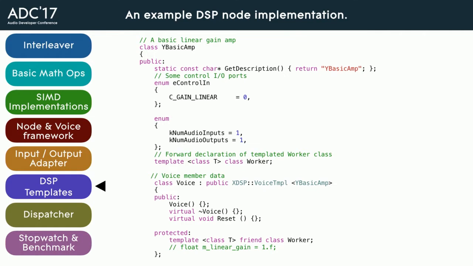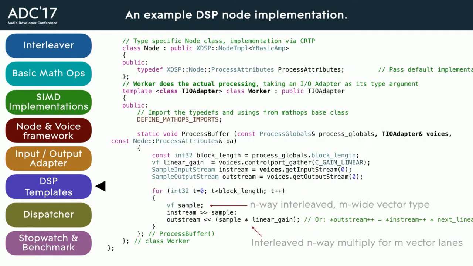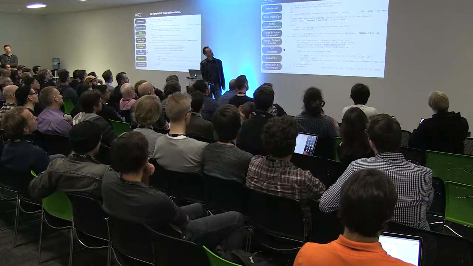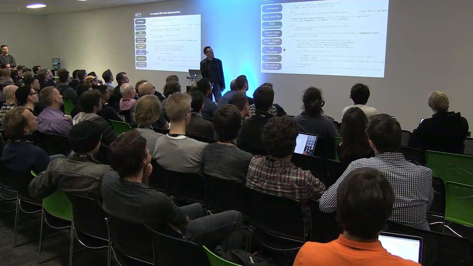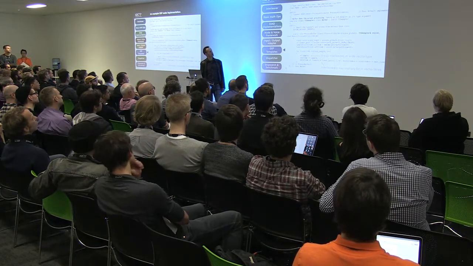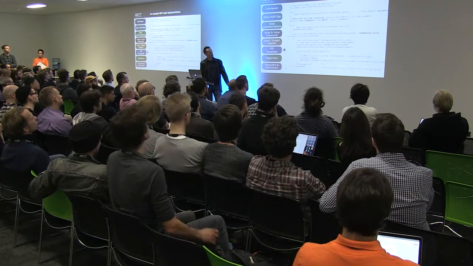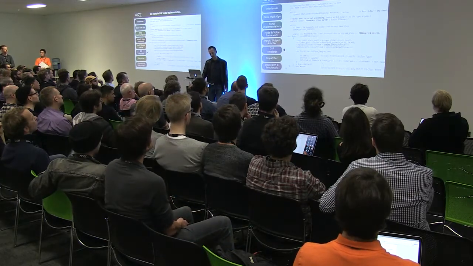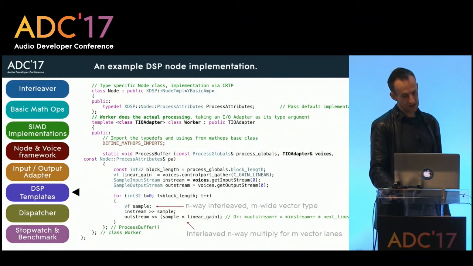So that's really just boilerplate declaring the ins and outs. And here is the processing code, which rather than living in a voice or a node class, is wrapped inside a templated worker type, which takes an input-output adapter and will use the types supplied by that adapter at compile time to generate the actual implementation of our processing code.